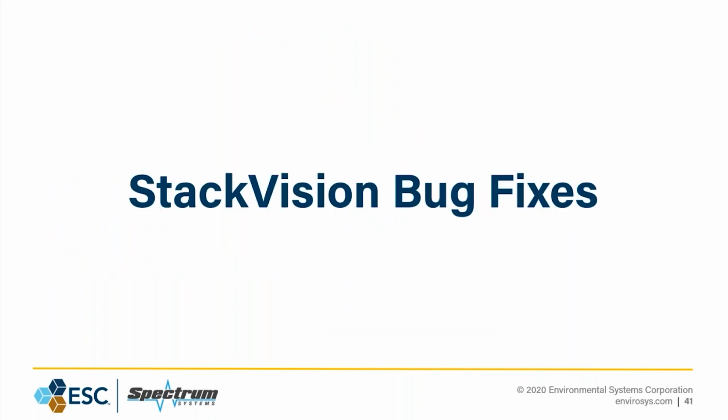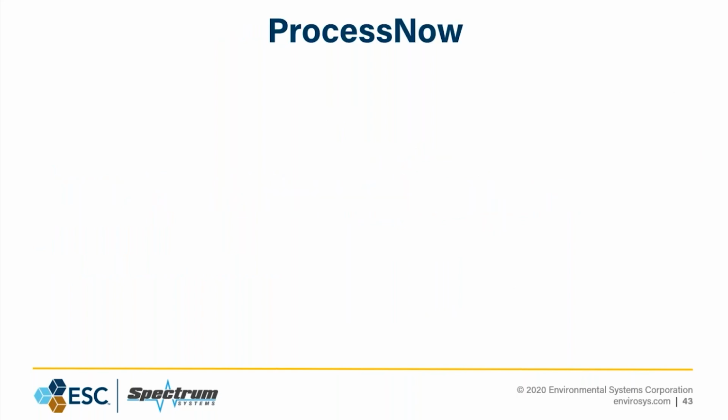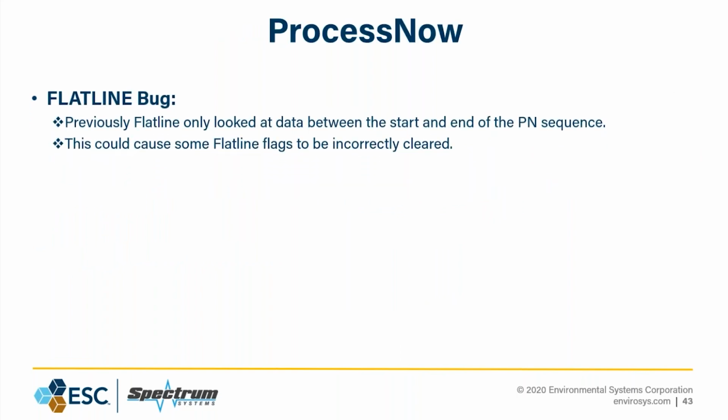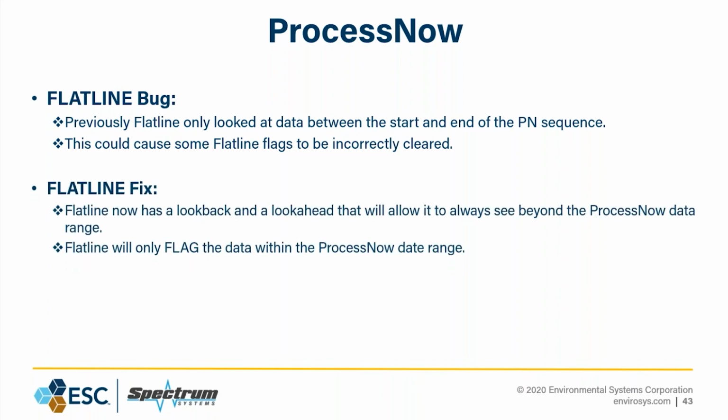On to StackVision bug fixes. So the Process Now flatline bug. Previously, flatline only looked at data between the start and end of the Process Now sequence. This could cause some flatline flags to be incorrectly cleared. That has been fixed now.